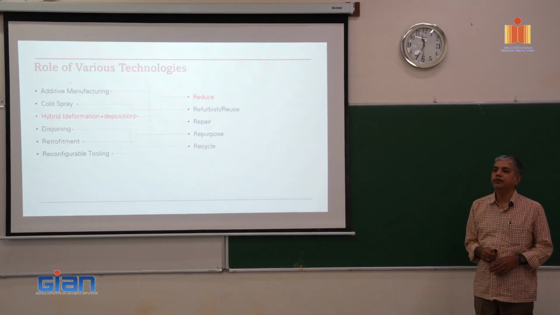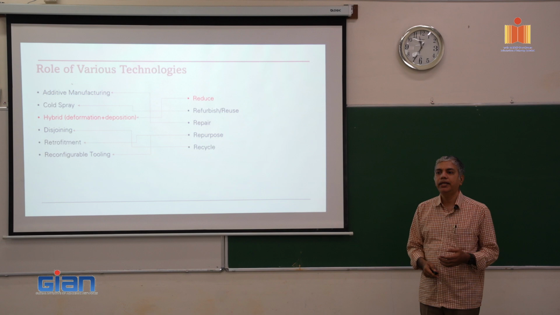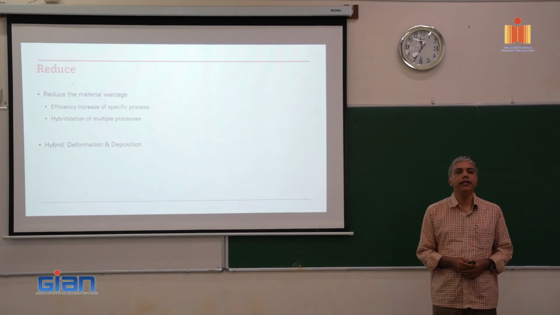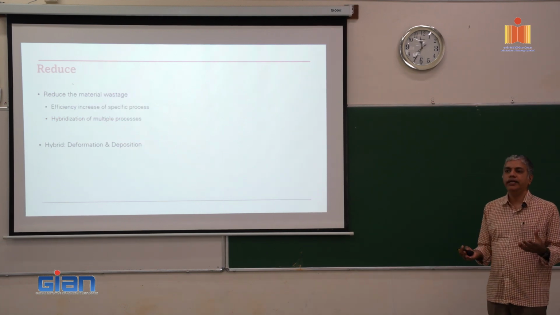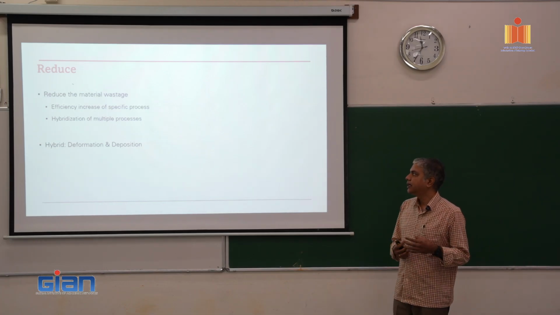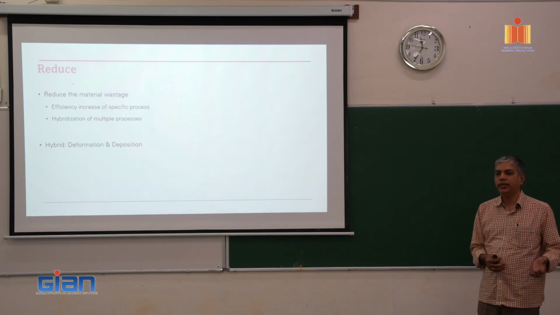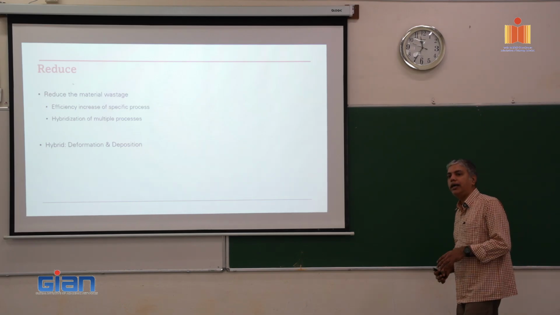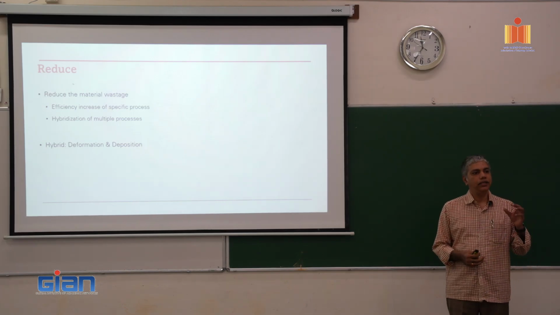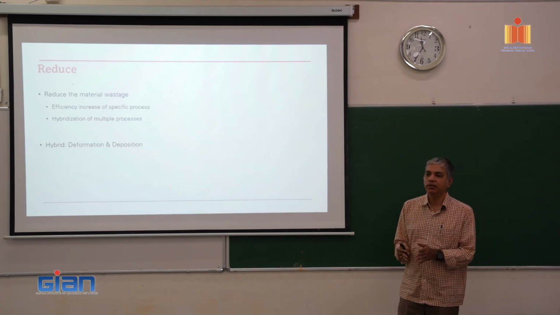Firstly, let us look at how you can reduce the material usage. When you say reduce, of course there are various ways of it. But one way to look at it is, can you reduce the material wastage and increase the efficiency of it. Many times it is not always possible to increase the efficiency of the process.